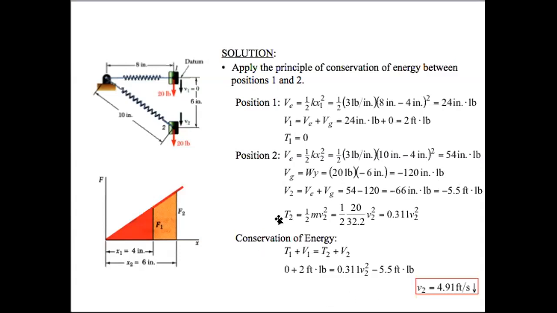And for the kinetic energy, we have to find the velocity. So when we apply the conservation of energy, we can find the velocity at point 2. The velocity is 4.91 feet per second, and the direction is downward.